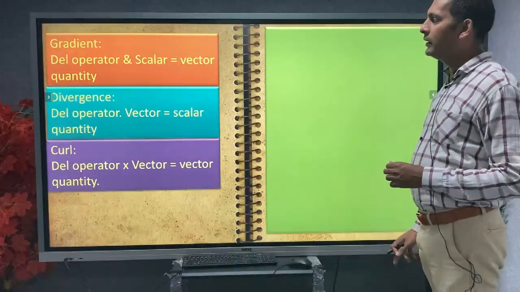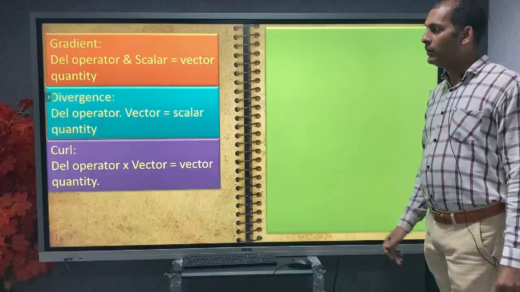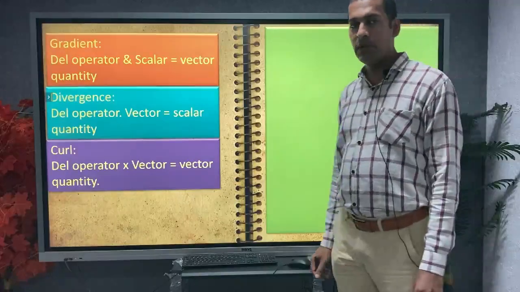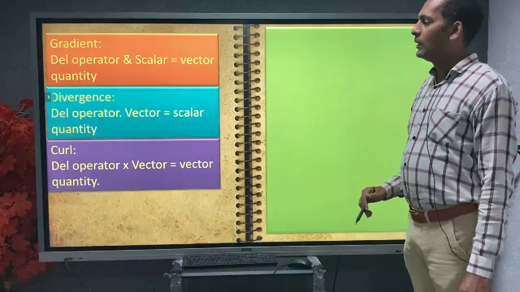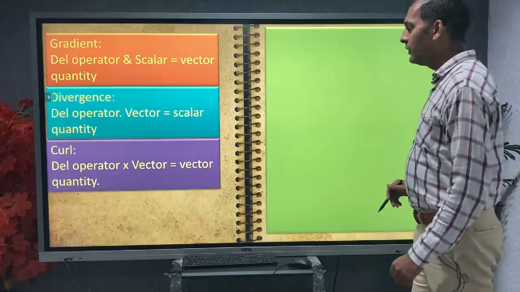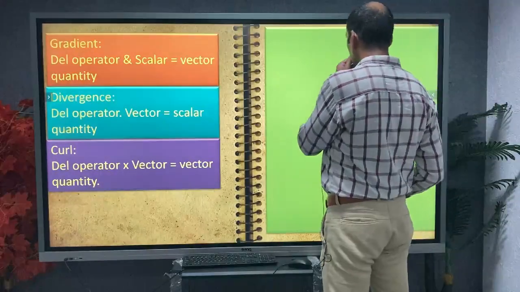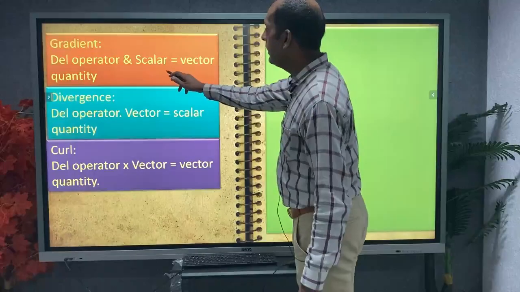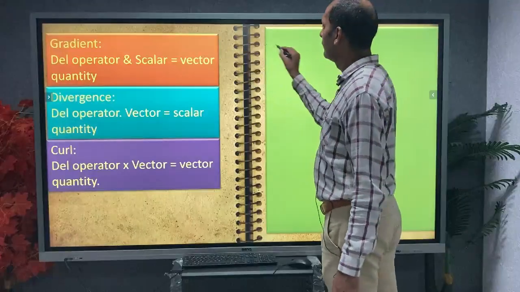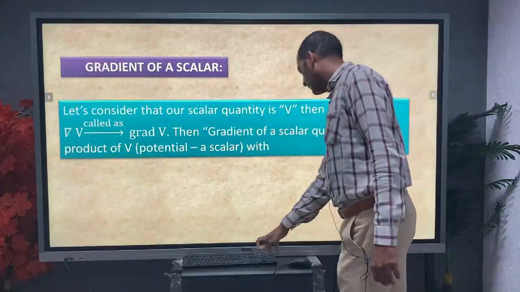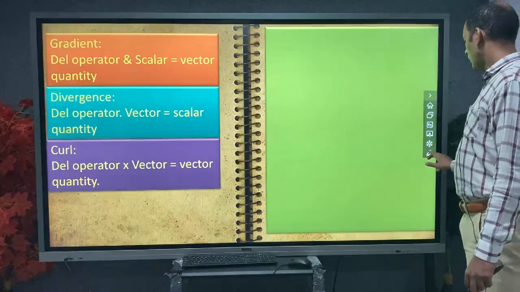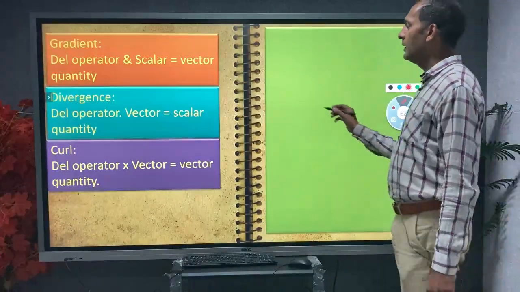Now del operator we can use with different scalars or vectors, and their product will decide whether it is divergence, curl or gradient. So if we want to discuss gradient, gradient is nothing but the product of del operator with any scalar quantity.